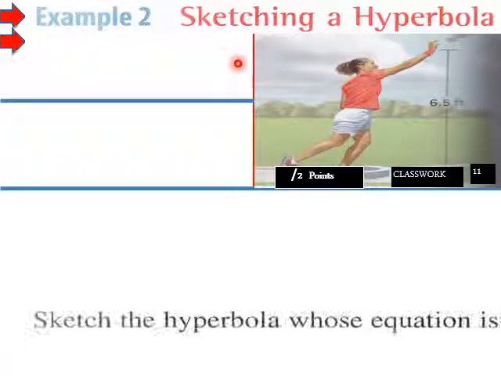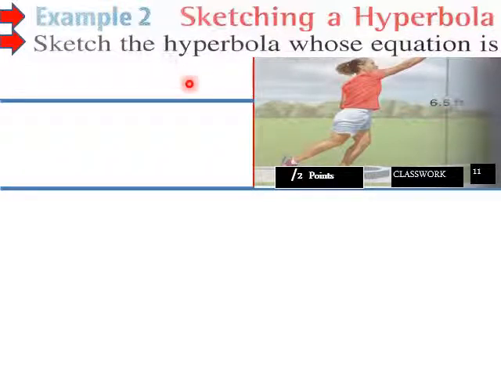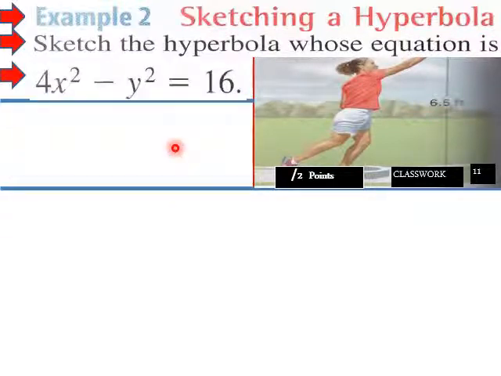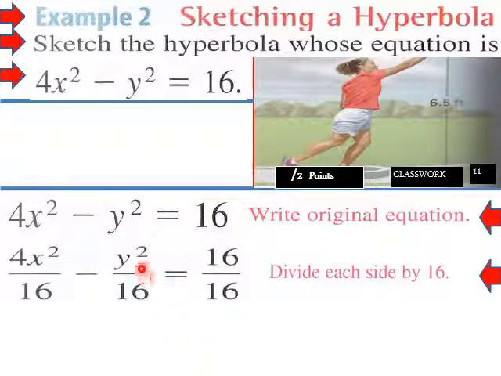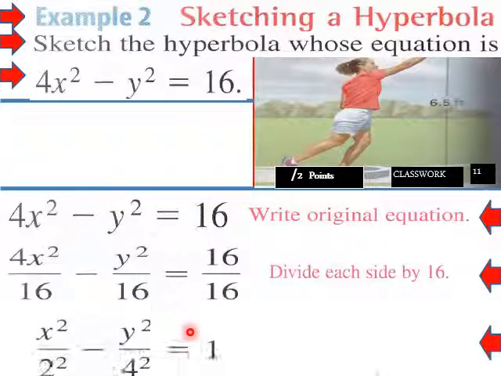So knowing that, let's sketch a hyperbola. Sketch the hyperbola whose equation is 4x squared minus y squared equals 16. Write the original as your first step, and then divide each side by 16. We want this equal to 1.